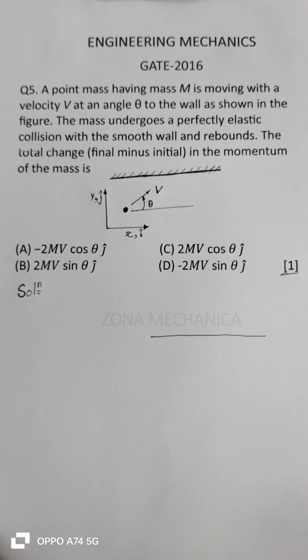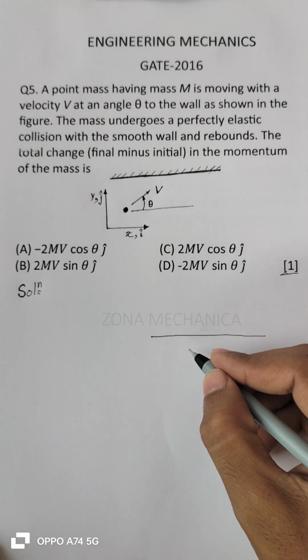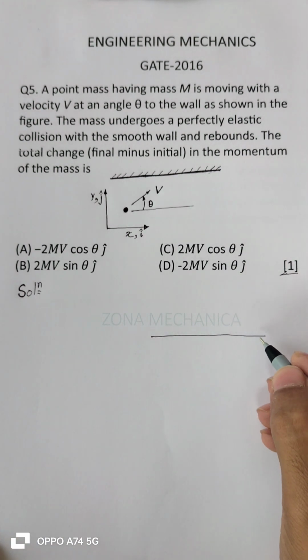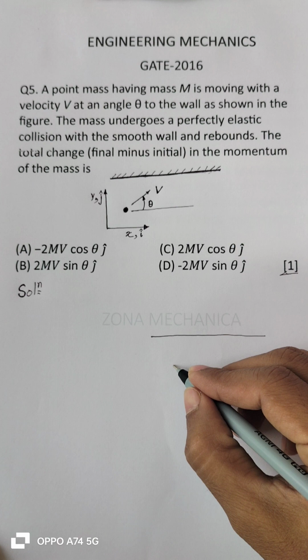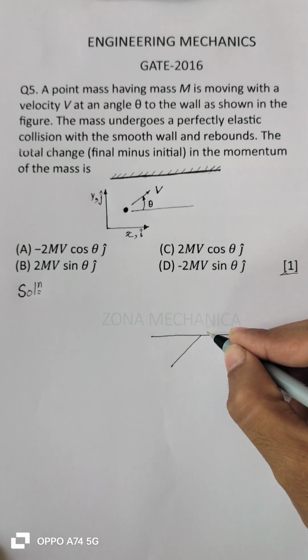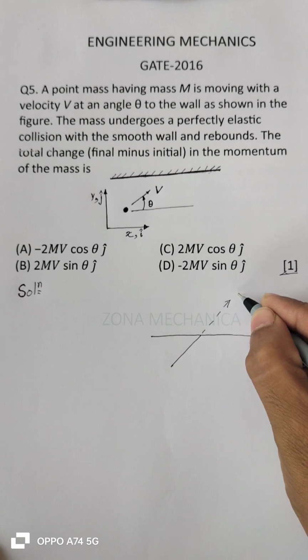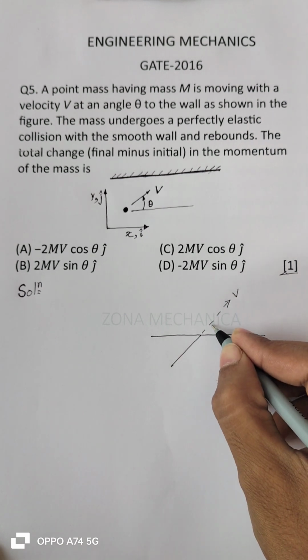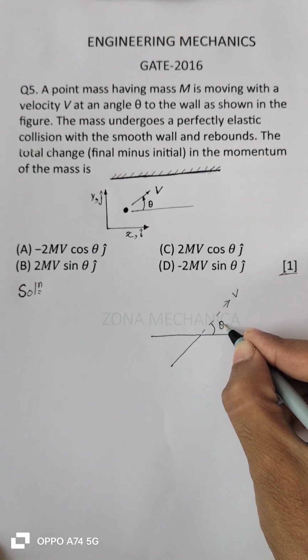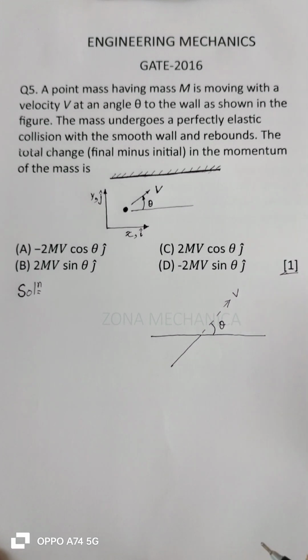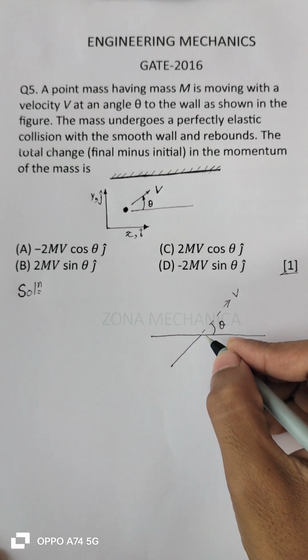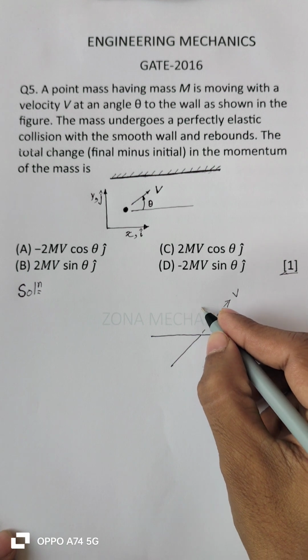Okay, so let me draw once again. This is the wall and this is the velocity v. Okay, and this is theta. And I'm taking the axis over here.